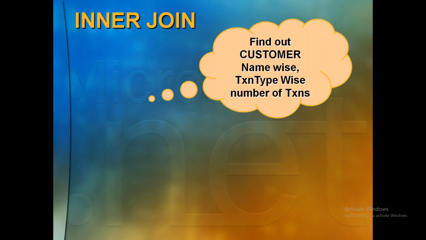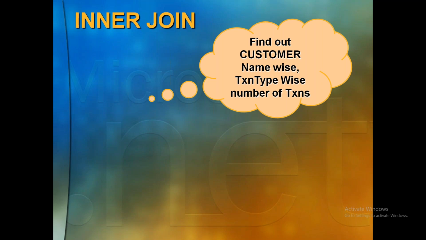The next query is: find out customer name wise, transaction type wise, number of transactions. You must know customer name is available in the account master table, while transactions, cash deposit, cash withdrawal are available in the transaction master. I wanted to know each customer wise number of transactions.